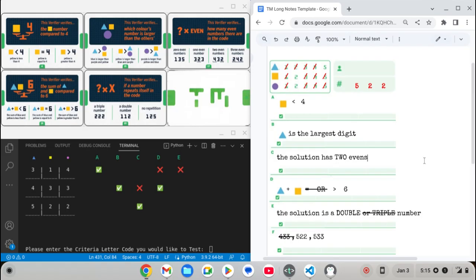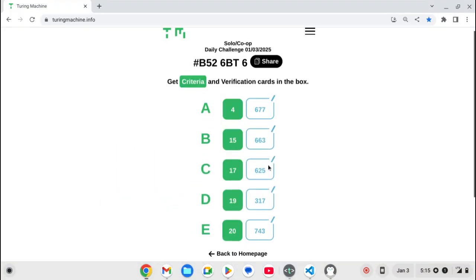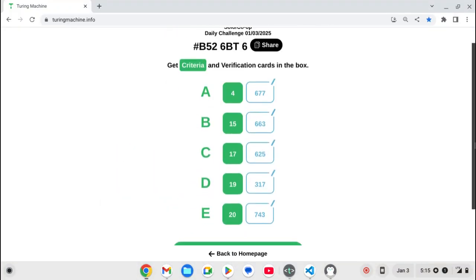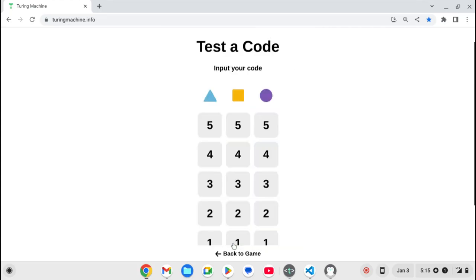And obviously, had we known that there were 2 evens, you'd have a pair of 2s or a pair of 4s. So, okay, well, let's go ahead and verify that 522 is a solution.